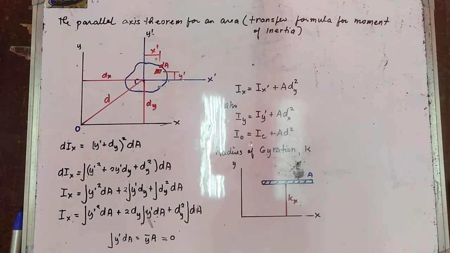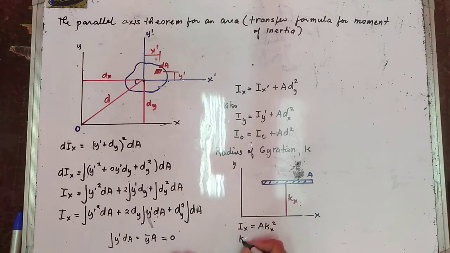So from the definition of the moment of inertia, the moment of inertia with respect to the x-axis is equal to the total area multiplied by the moment arm, which is kx squared.